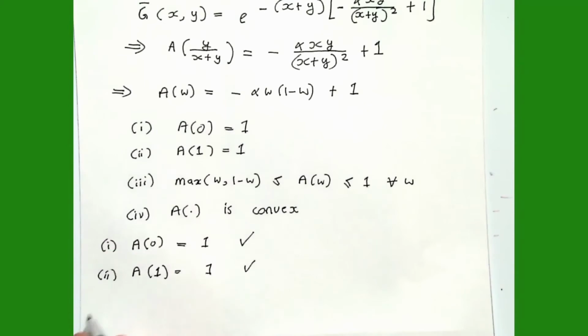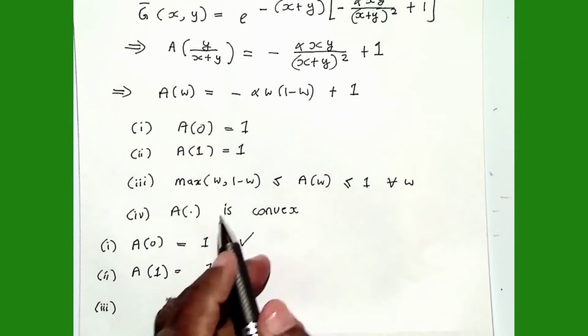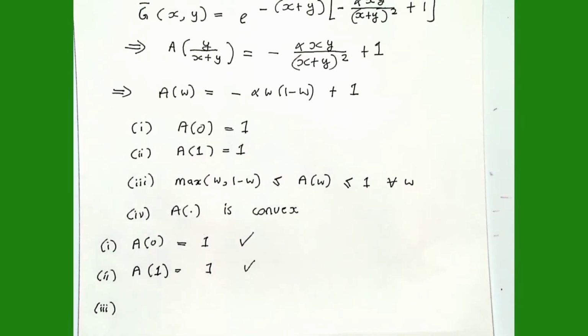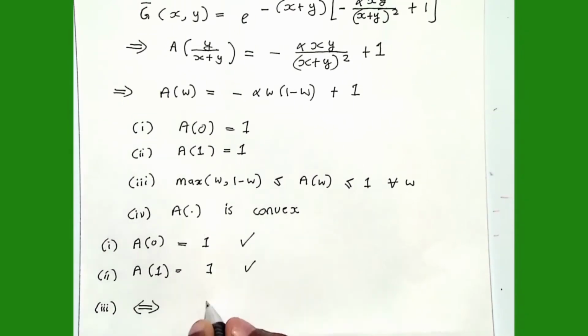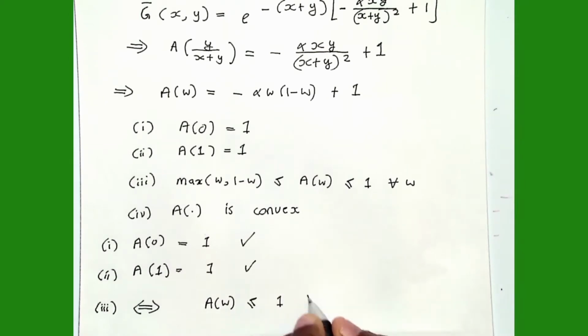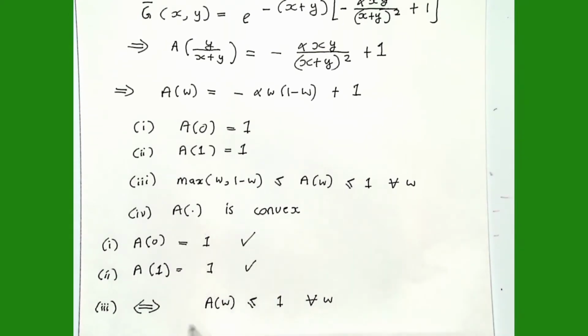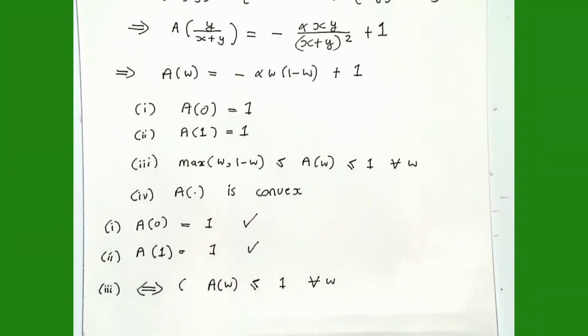So condition 3, as I said in the previous question, to show this we need to show 3 things, right? So this is equivalent to showing that A of w is less than or equal to 1 for all w. Let me call this beta. Let me call this, say, we are already using beta, right?